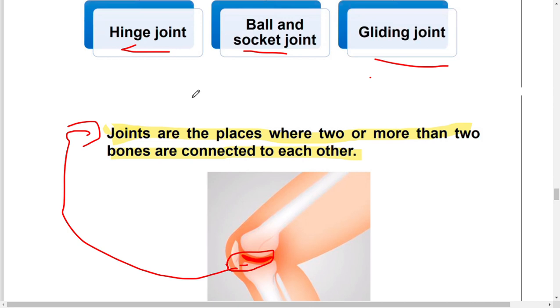For example, the wrist and ankle joints. Here they can just slide over each other. They will not crash or rust, because they have cartilage between them. Your nose is also made up of cartilage.